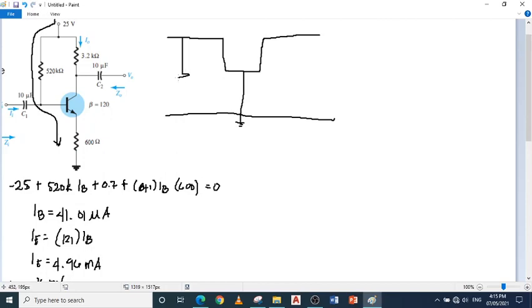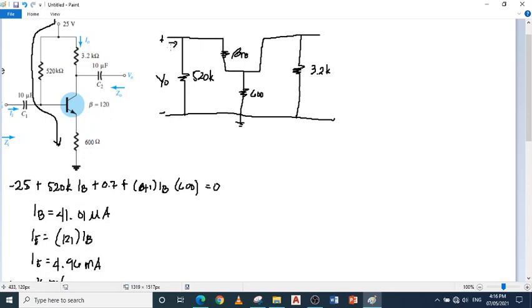Then, meron tayong RB. Meron tayong beta re. Then, meron tayong RE. Then, meron tayong RC. So, this is 3.2 kilo. And this is 600 ohms. And this is beta re. And this is 520. Okay. And this is a VO, positive, negative.